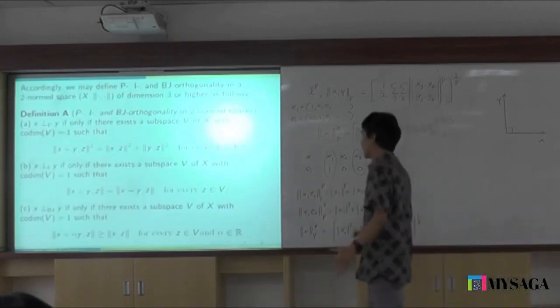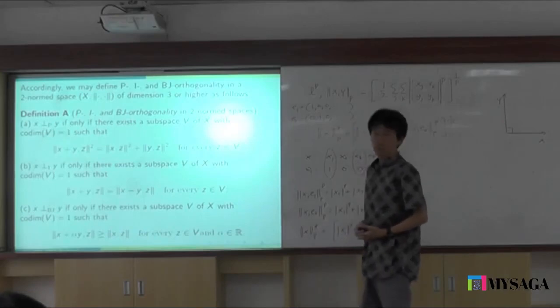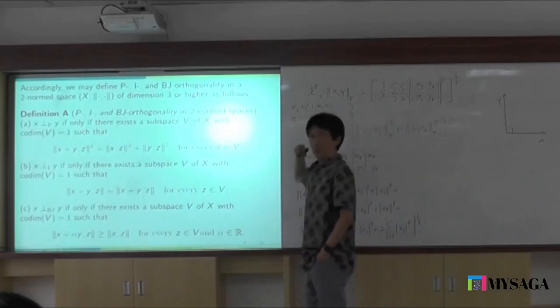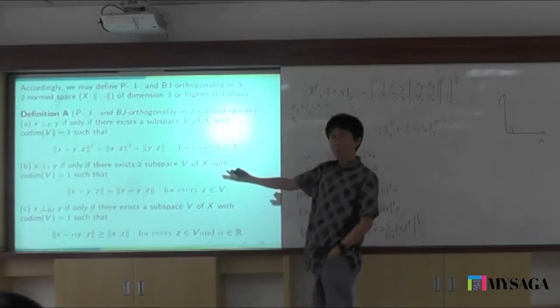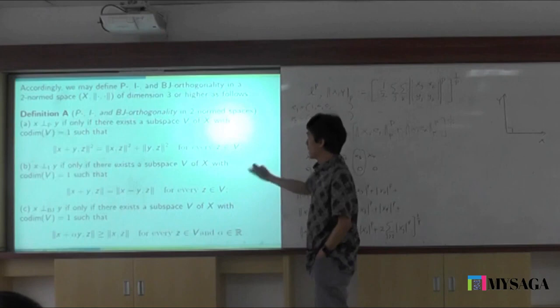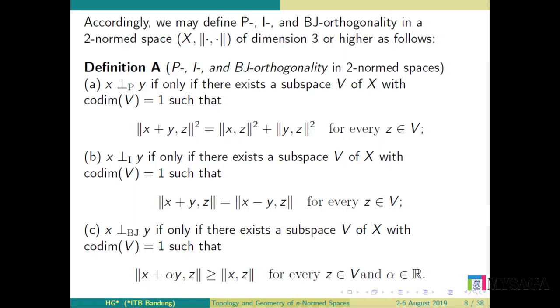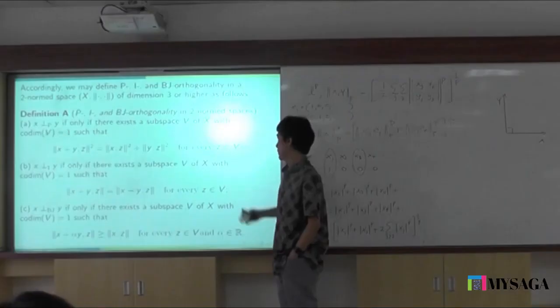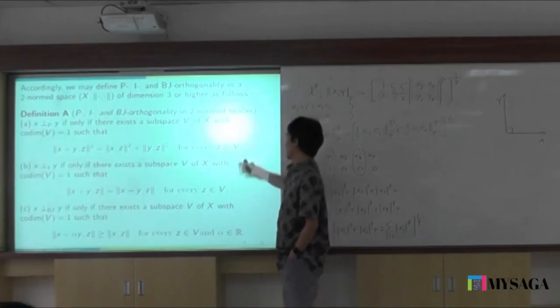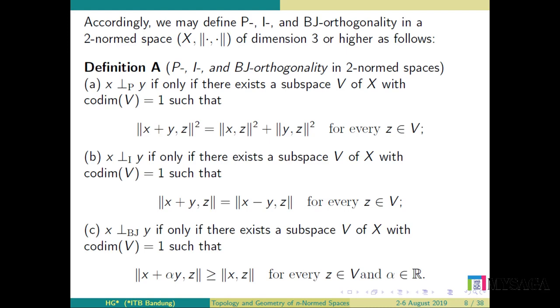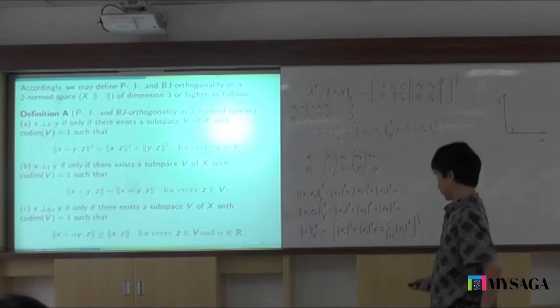But if you then work in 2-normed spaces without 2-inner products, then from the previous definition, we could define P-orthogonality and then I-orthogonality like this with the same size of testing vectors.